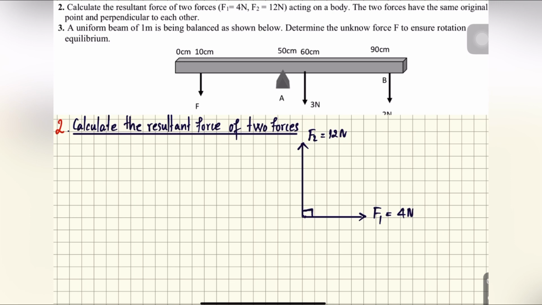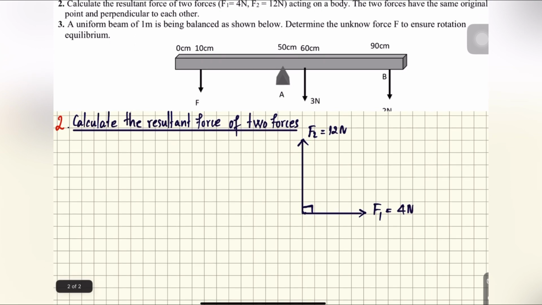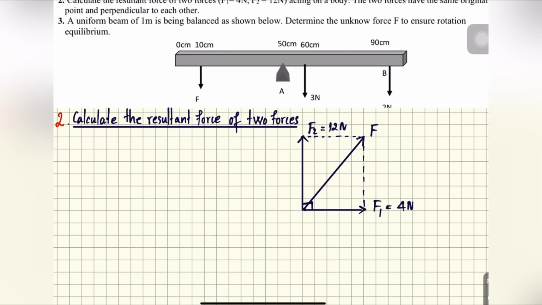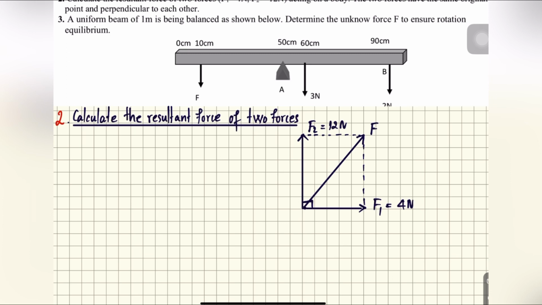In this case I'm going to use the parallelogram rule and draw the diagonal line to represent the resultant force. This is F. We have an equation for the resultant force if there are two forces which are perpendicular to each other.